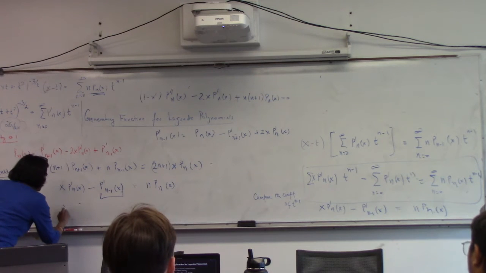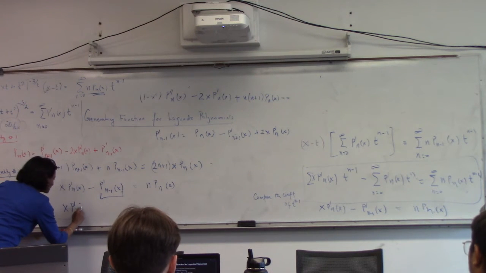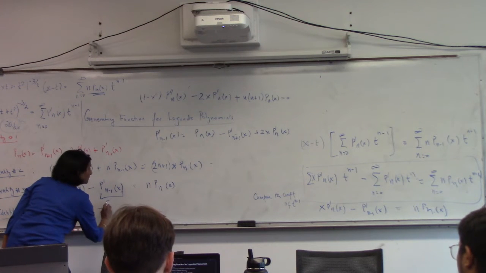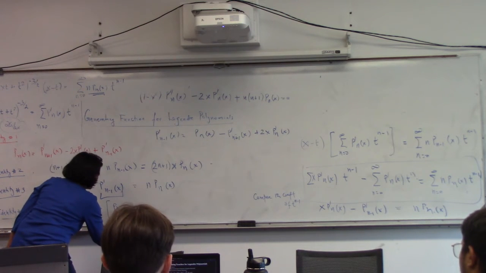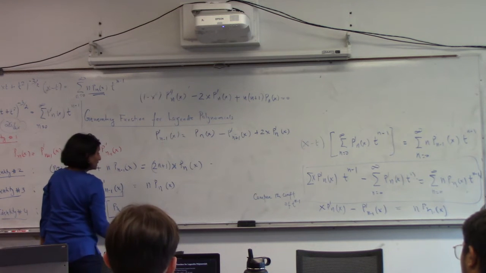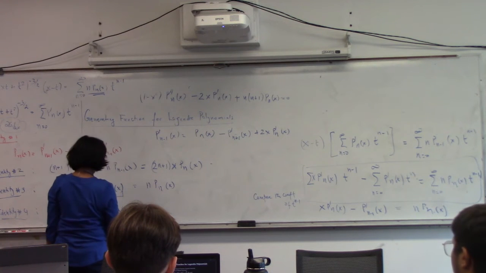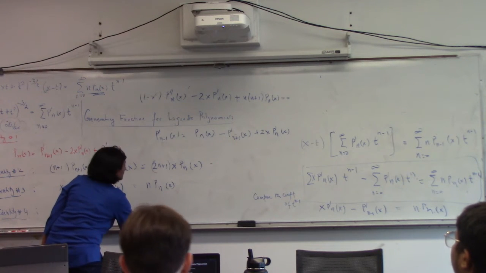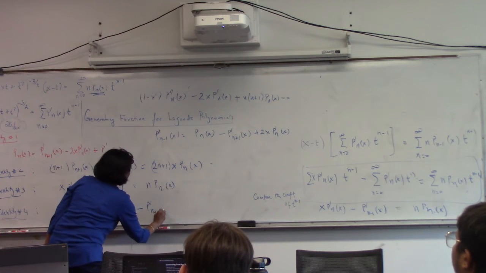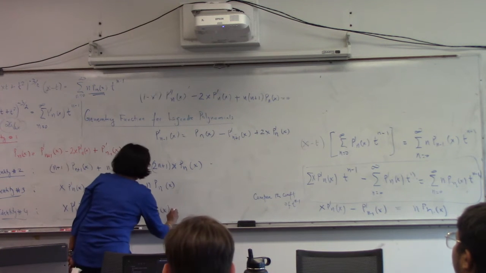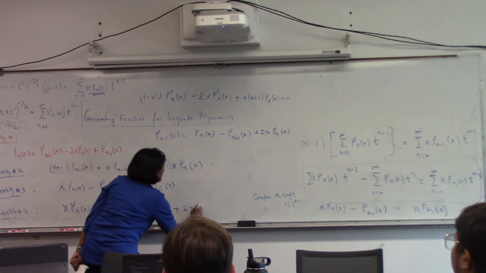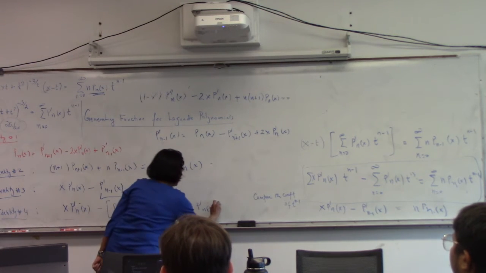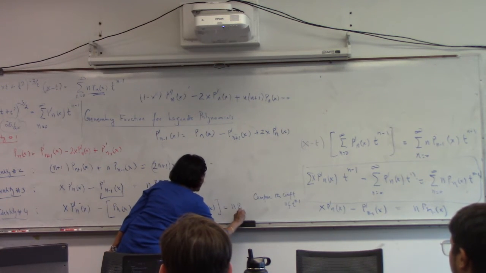Okay, so this gives me yet another relationship, which is the following: minus p sub nx minus p prime n plus 1x plus 2x p prime nx is equal to n p sub nx.